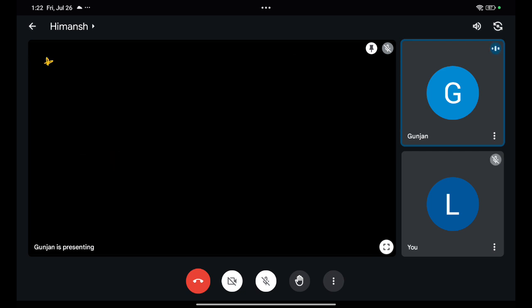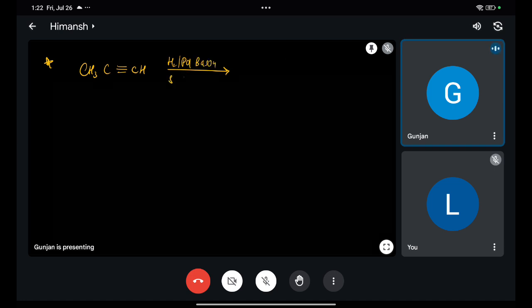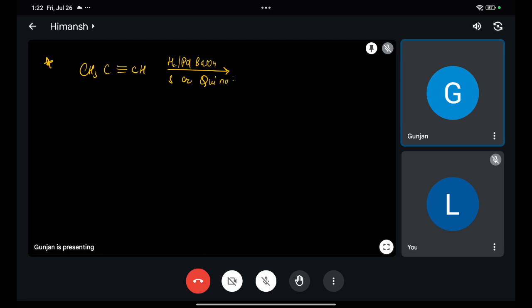And now if we take H2, Pd, BaSO4, sulfur or quinoline, we are getting an alkene, that is Lindlar's catalyst.